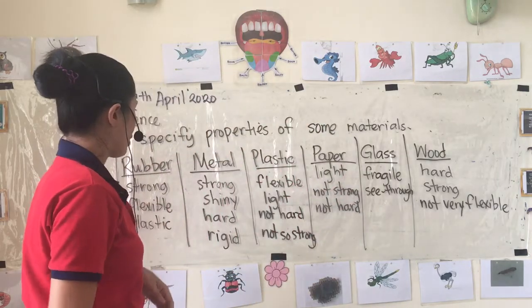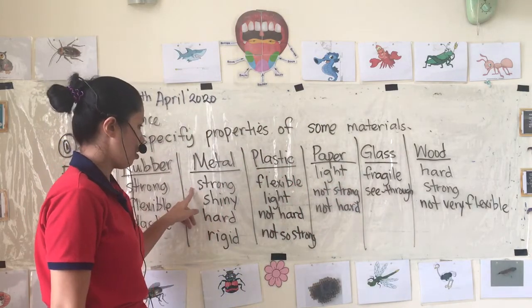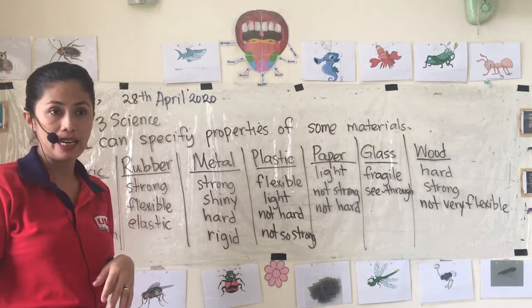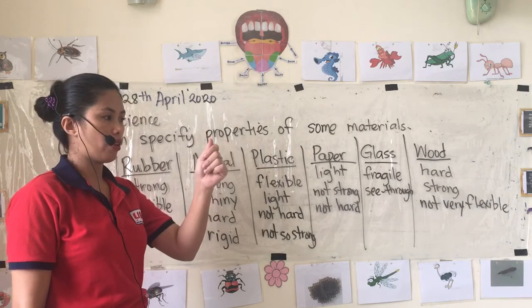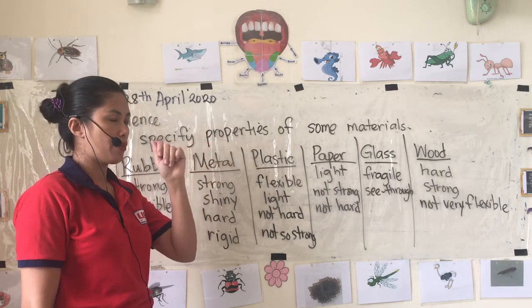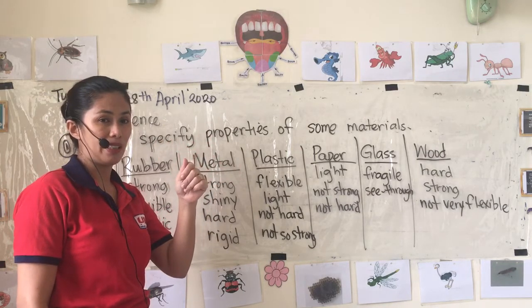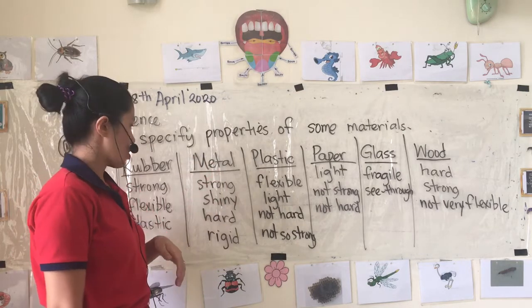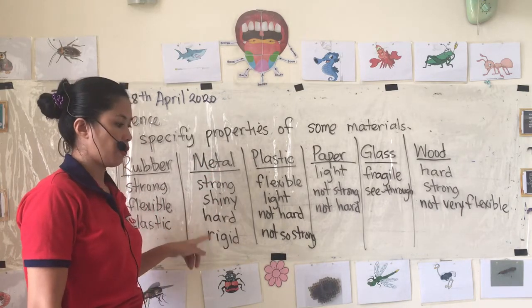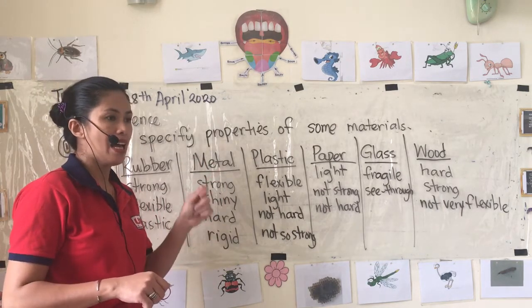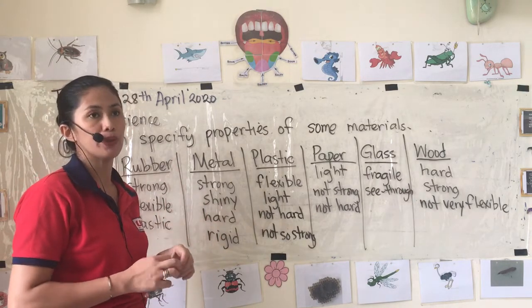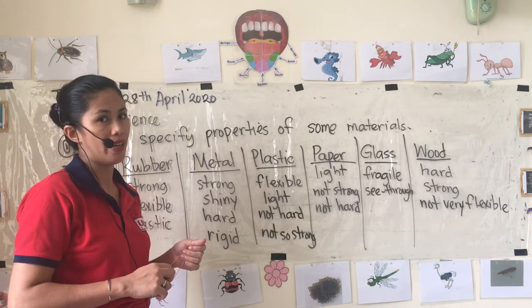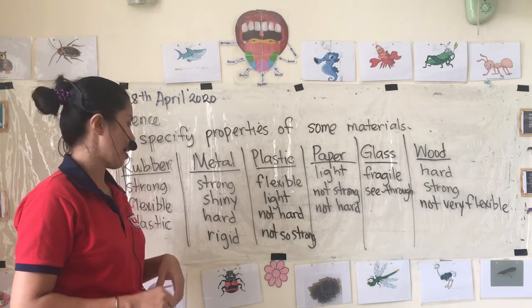Okay, how about metal? Metal is strong. Some metals are shiny, like I showed you yesterday, like this spoon. If you look at the spoon, you will see your face in it because metals are shiny. Also, it's very hard. When we say hard again, when you scratch a metal and a paper, the paper will get torn or turned into pieces, right?